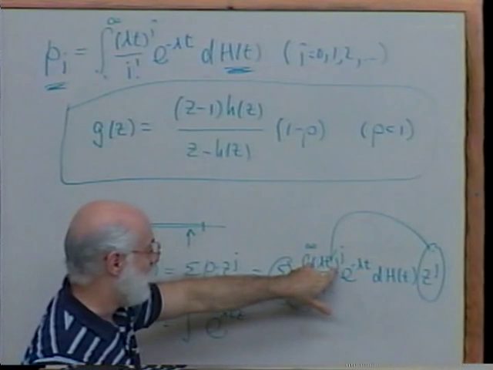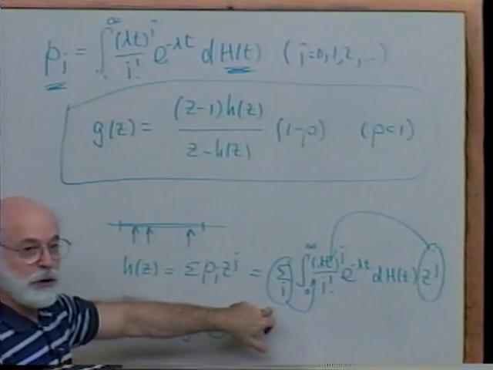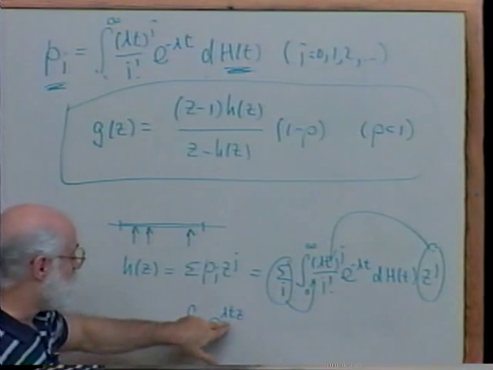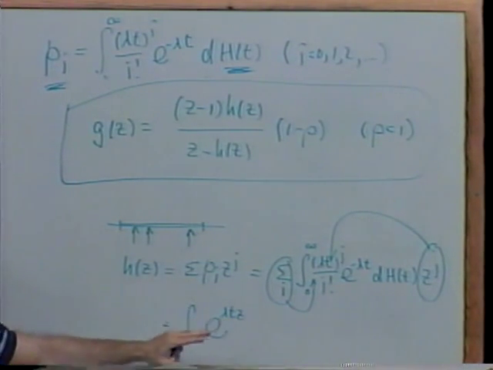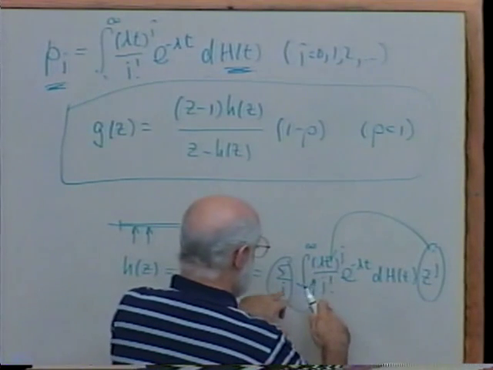So I've got lambda t z to the j over j factorial, summed over all j, and that's the Maclaurin series expansion of e to the lambda tz. We already did this, so I'm not doing it in total detail. So that sum becomes e to the lambda t z.